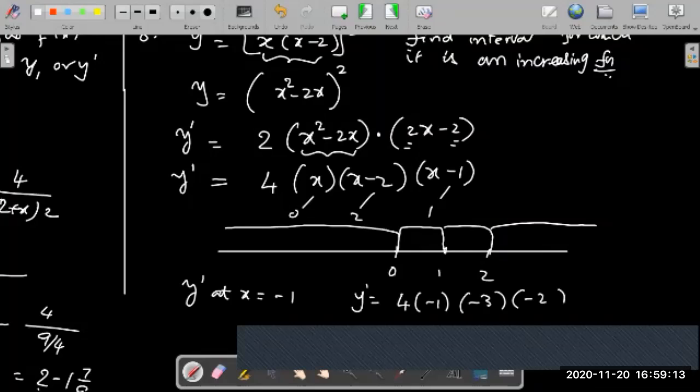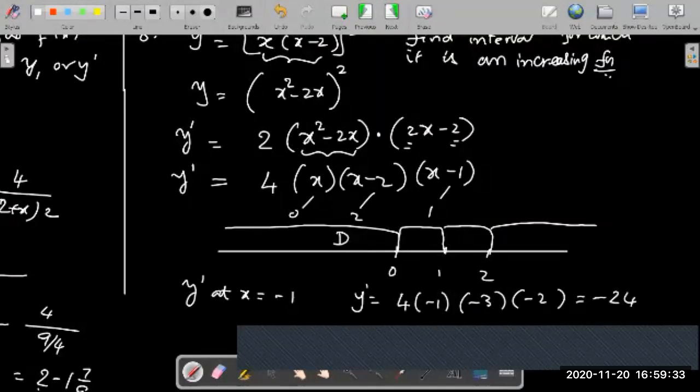This is minus 3, minus 2, minus 1. So 3 minuses are there. Definitely this is negative: 3 2s are 6, 6 4s are 24, minus 24. So it is negative. That means it is decreasing. So x less than 0, strictly decreasing.